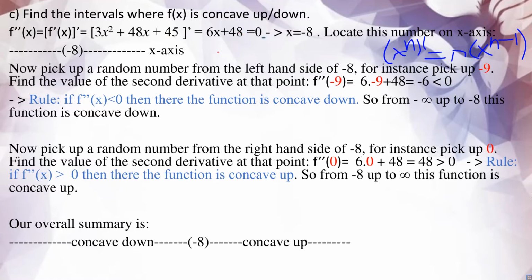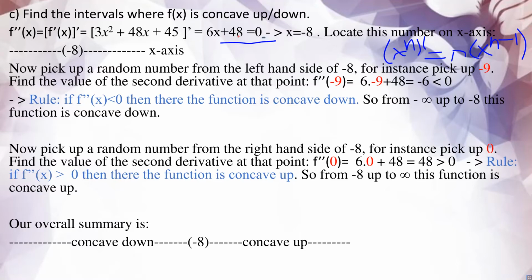Now I will find what makes this 0, as I did the same thing in the A part of this question. What you do is always the same. Take the derivative and make it equal to 0. Or in this case, take the second derivative and make it equal to 0.